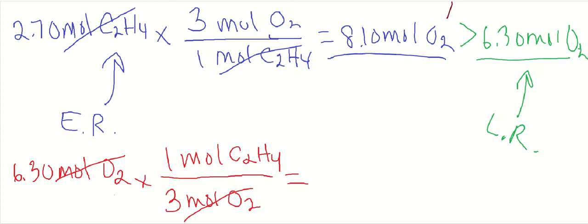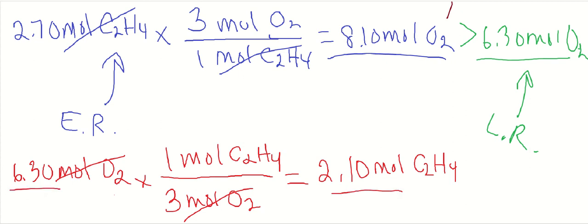All right, we can do this without a calculator. 3 goes into 6 2 times, and 3 goes into 3 1 time. So 2.1 moles of ethene would be a perfect match.